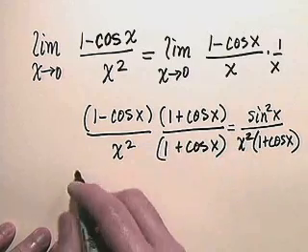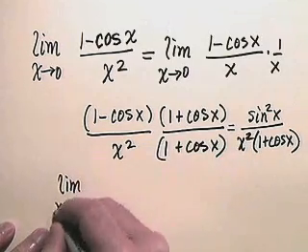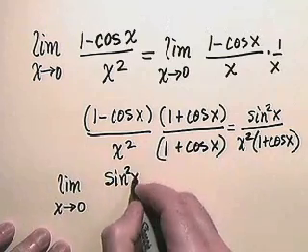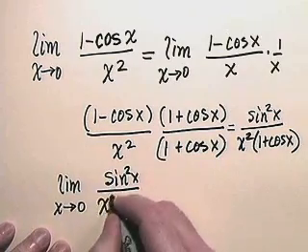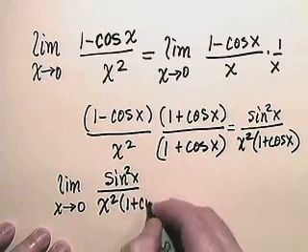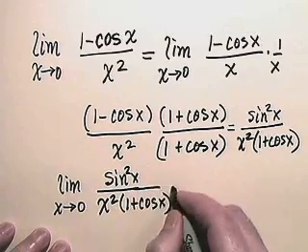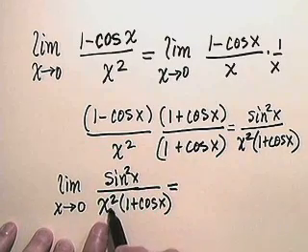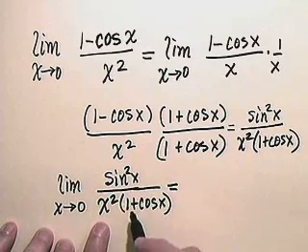In other words, let's come down here. We want to take the limit as x approaches 0 of sine squared x over x squared times 1 plus cosine x. At this point, we can say, well, we know the limit of sine x over x as x approaches 0 is 1.